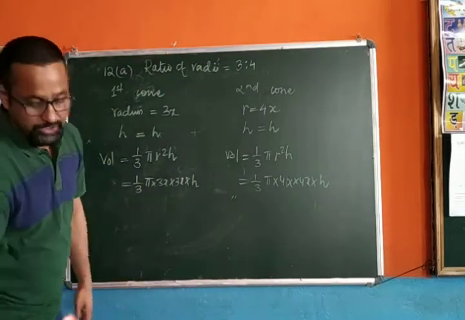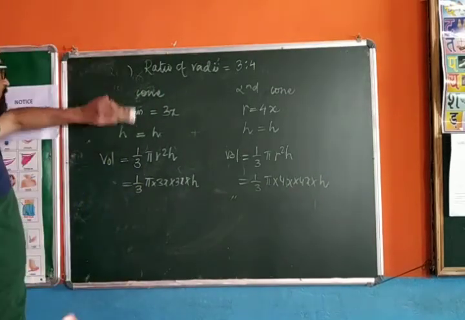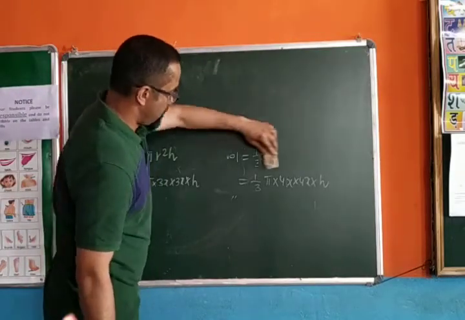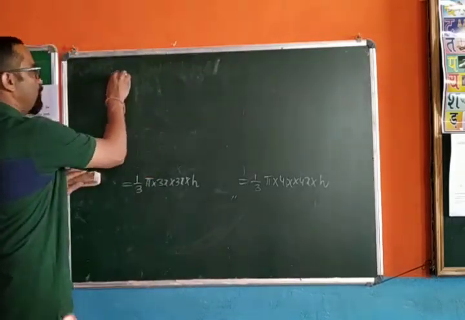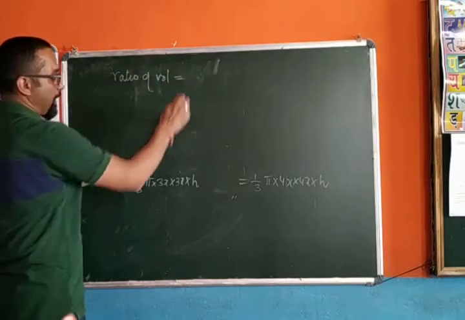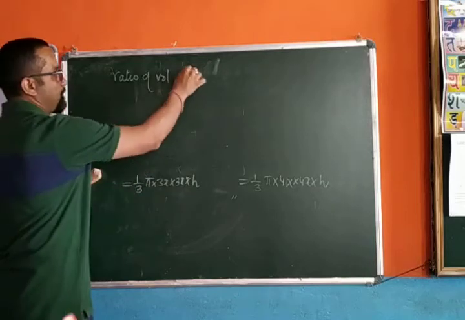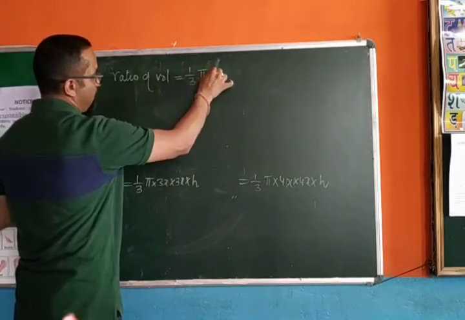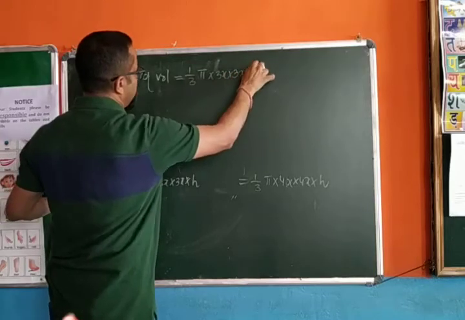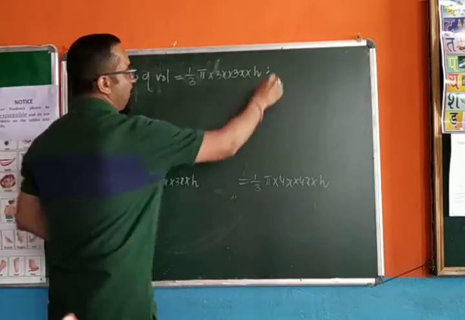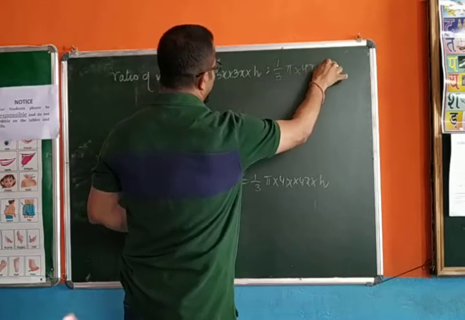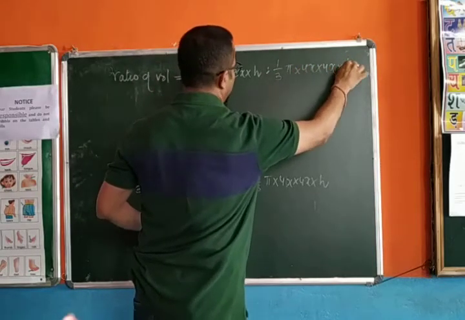Now we calculate the ratio of the volumes. Ratio of volumes: write the volume of the first one, 1/3 pi 3x squared into height, is to 1/3 pi 4x squared into height.